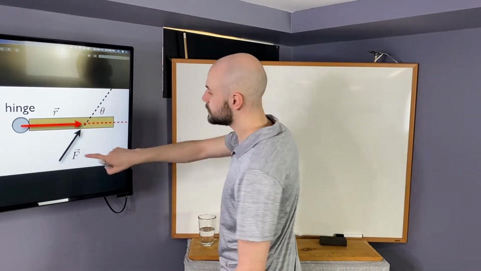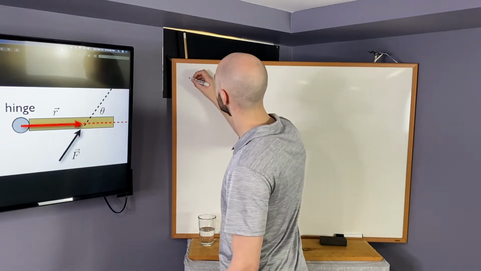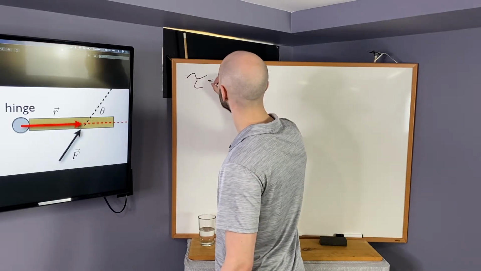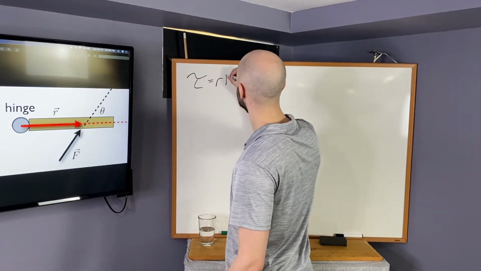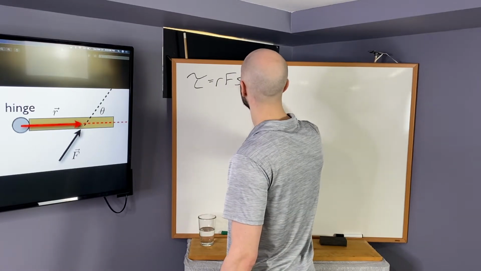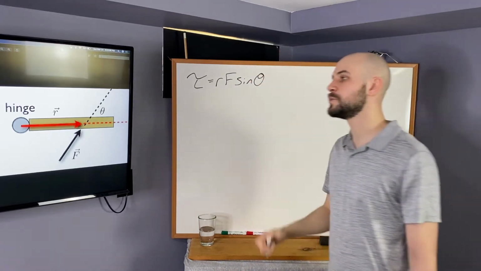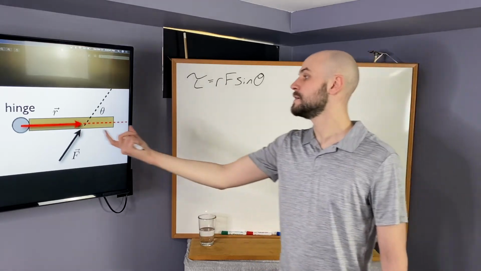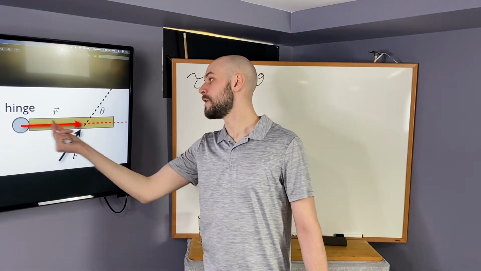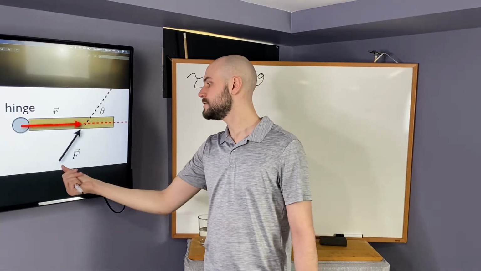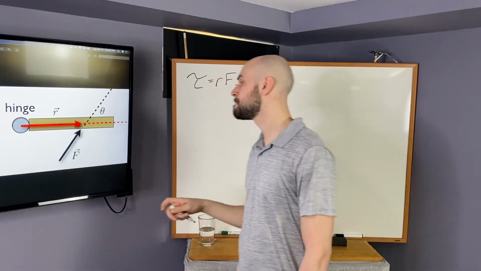So for each individual torque where a linear force is acting, we can say that the torque is equal to R F times the sine of the angle between the distance away, the R vector here, which is our distance from the hinge, and our F vector here.